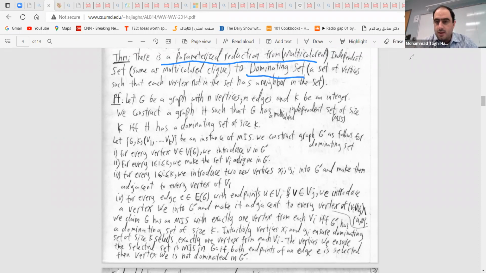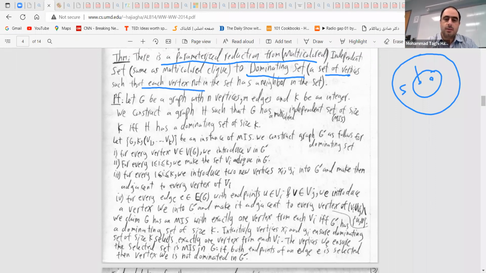A dominating set is a set of vertices S in the graph, such that each vertex either is in the set or one of its neighbors is in the set. So that's the definition of a dominating set, which is a very important problem. It's very closely related to the concept of set cover, which is also a very important problem. Good. Now, let's do the reduction and see how we can get the result.